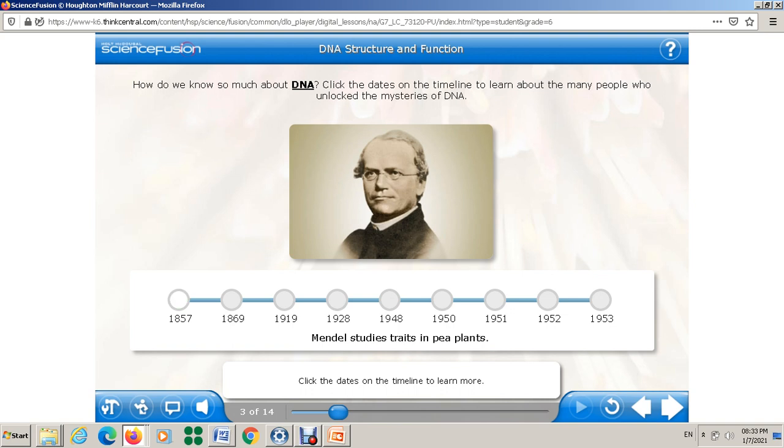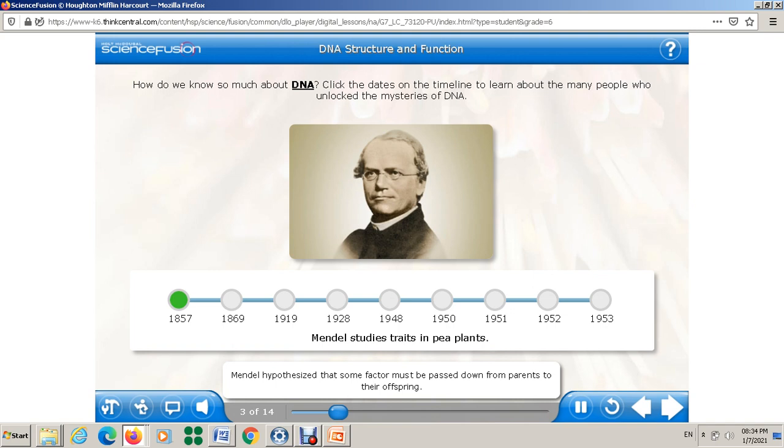Okay, let's see how the scientists contributed to discovering the structure of the DNA and how it works. Let's start with the first one. In 1857, Gregor Mendel was an Austrian monk who performed breeding experiments with thousands of pea plants. He observed that the offspring of pea plants had some of the same traits as the parent plants.